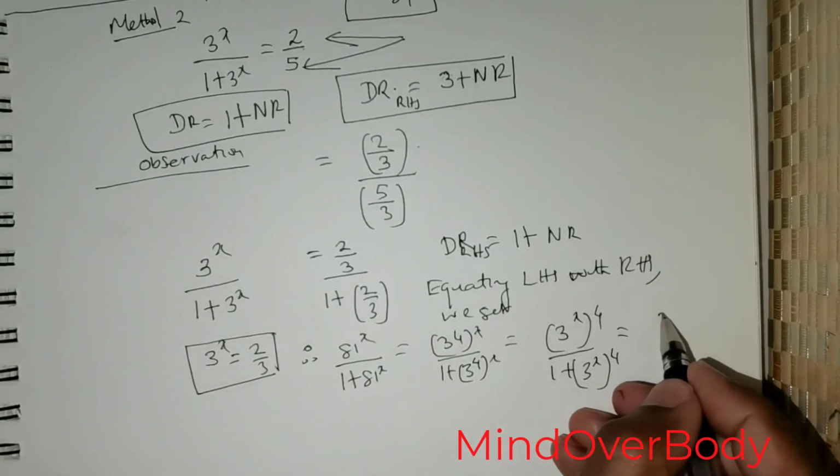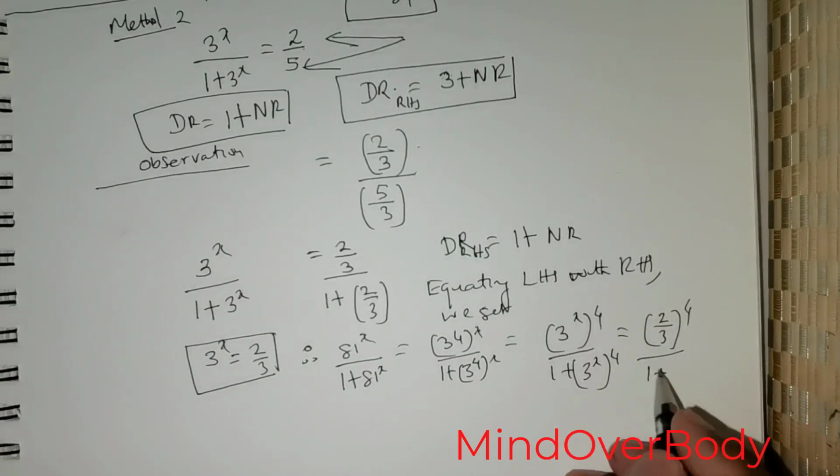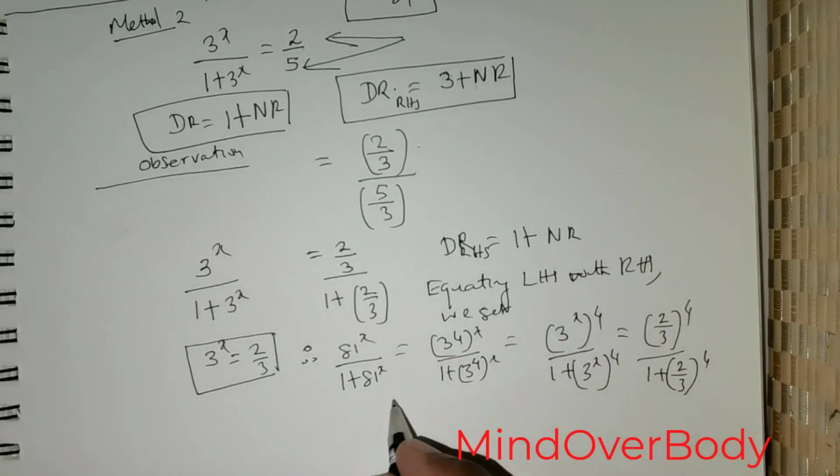My 3 raised to the power of x is 2 over 3. We have to raise it to the power of 4 divided by 1 positive 2 over 3 raised to the power of 4, which upon simplification will give me the same 16 over 97 as my solution.